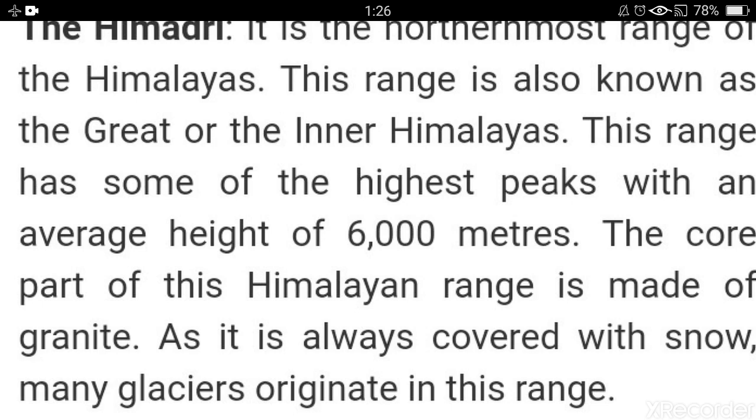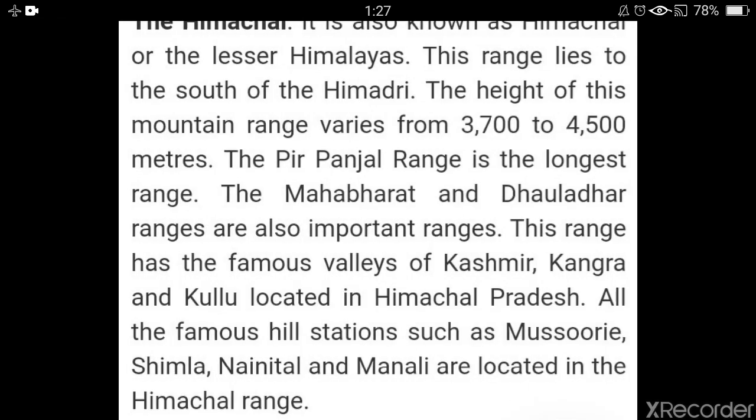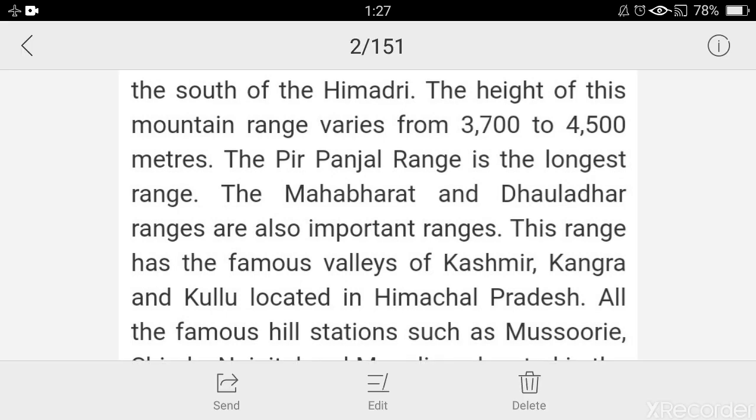Now this is the most important feature. The Himalayan mountains have 3 parallel ranges, and these parallel ranges are based on height. The 3 parallel ranges of the Himalayas are the Himadri, number 1, the Himachal, number 2, and the Shivaliks, number 3.